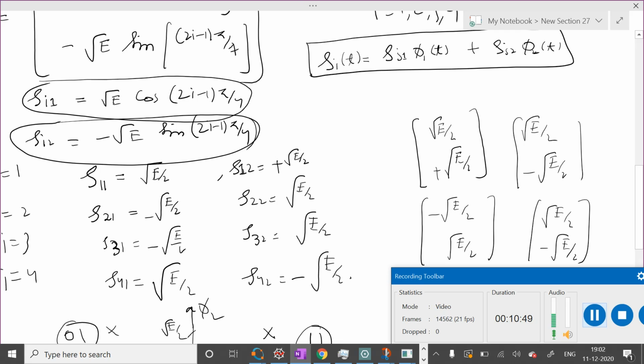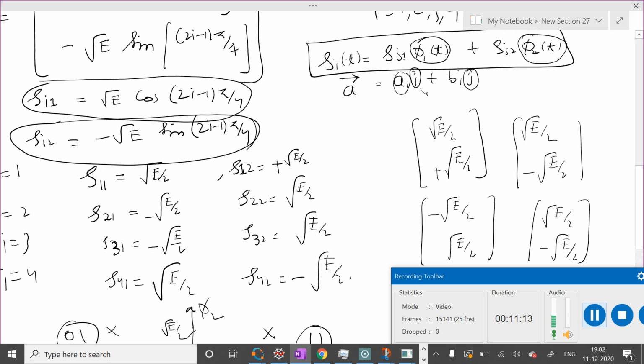I will repeat here once more because some of you are completely new to this. Just compare it with a vector A. Suppose in 2 dimensions you have A1 i plus B1 j, right? So this i and j are unit vectors. Equivalent to this we have orthonormal functions. These are called basis vectors. These are called basis functions.